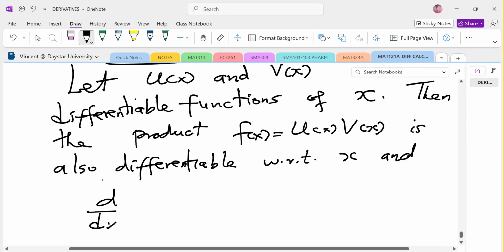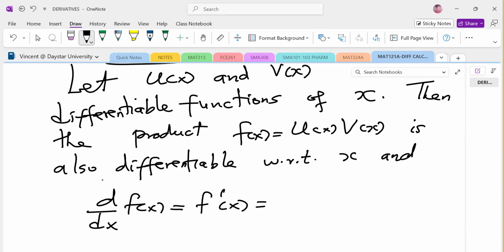d dx of f of x, which is f prime of x, is the same as du dx times v of x plus dv dx times u of x.